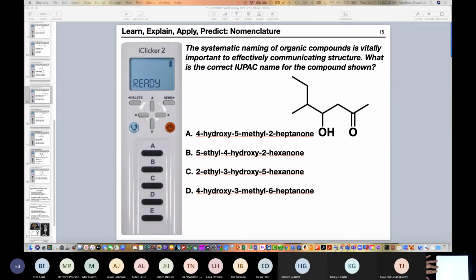So 7 carbons. That might not be dark enough as I'm taking a look, so let me grab a couple other different markers here. Ian basically answered my next question.